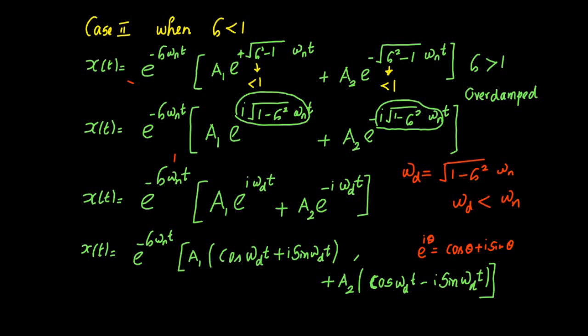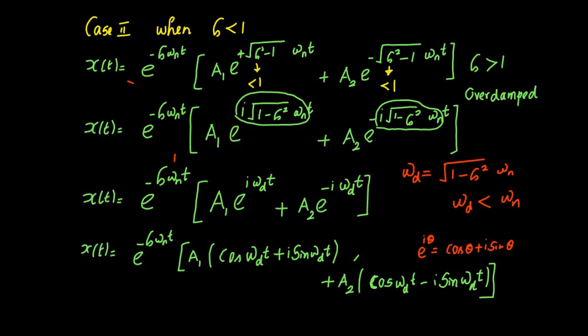So x of t is equal to e raised to the power minus eta omega nt into the sine terms common outside. I have to take the sine terms common outside. I'm taking the cos terms common outside.